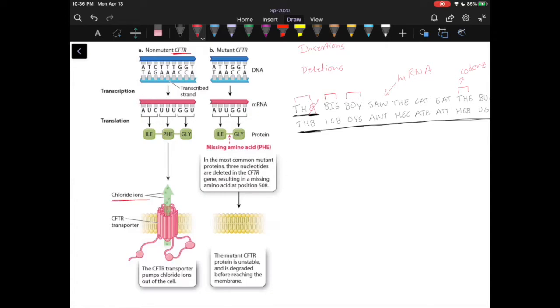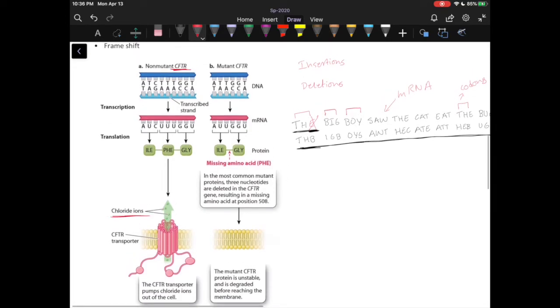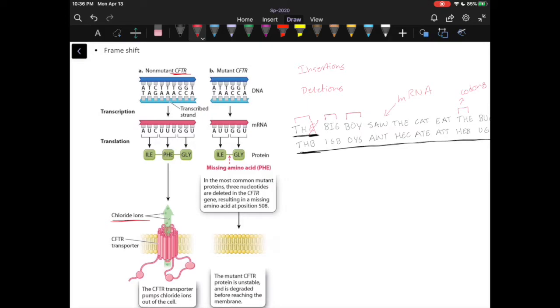It's responsible for transporting chloride ions, right? And our DNA that is responsible for this is transcribed into the mRNA right here and translated into our protein.